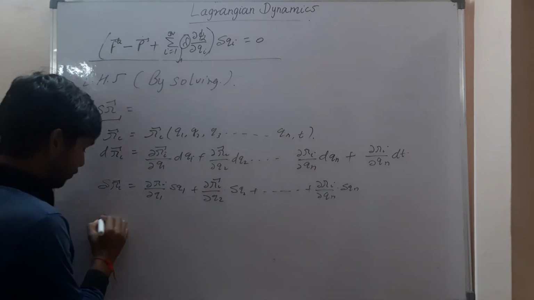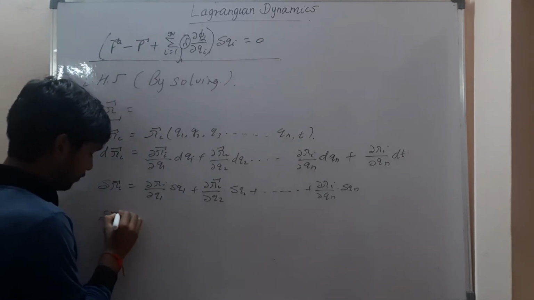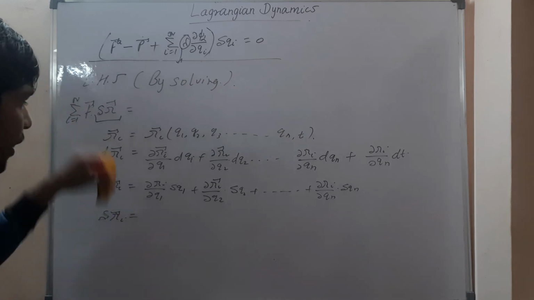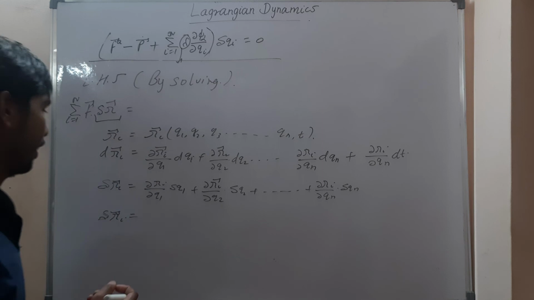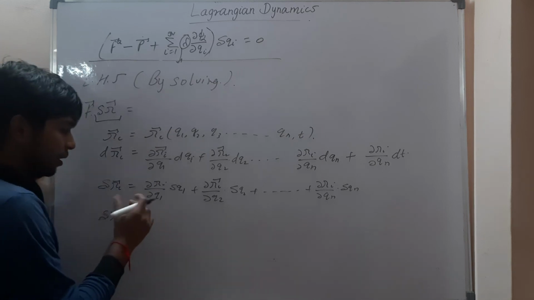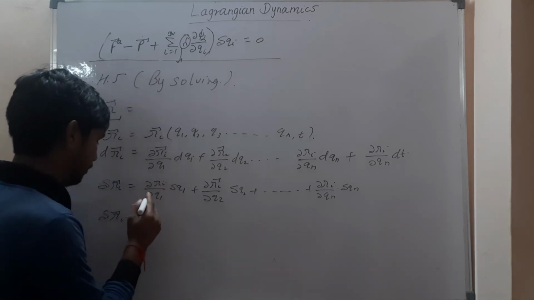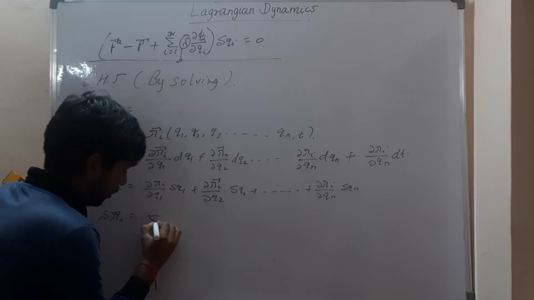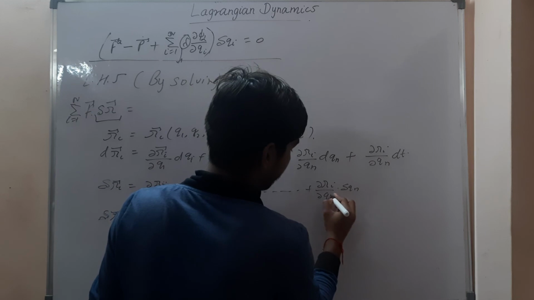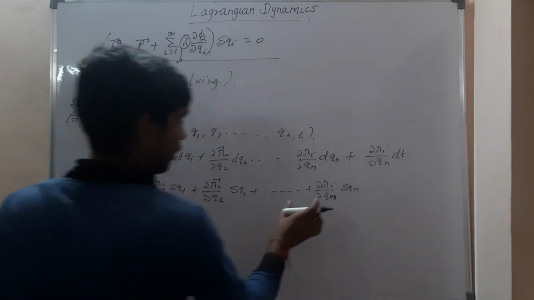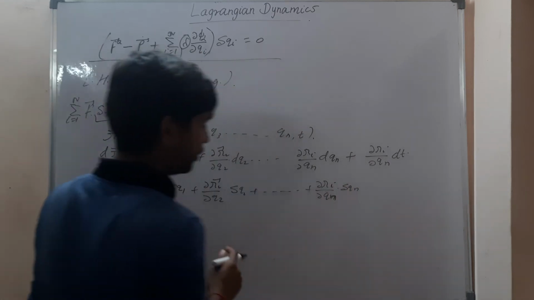Now if I want to make another change, why am I solving again and again? Because if we practice again and again, you will get a clear idea about this, because all these things are new for you. So I take q1, q2, up to qn, and this is smaller. So I take i, meaning I am already using it here.